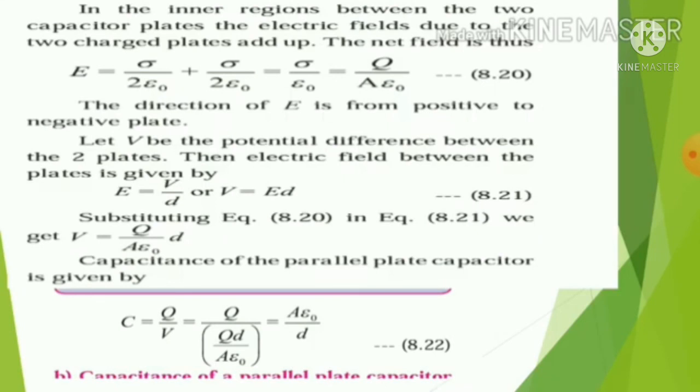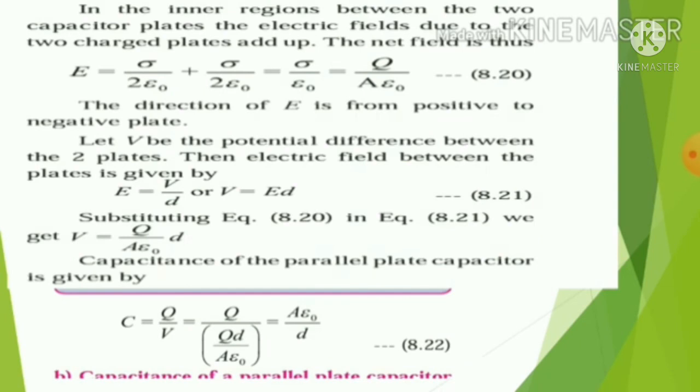This relation was obtained in the previous lecture. This is the concept of capacity or capacitance of the condenser. We can write C equal to Q upon V, then substitute the value of V from the above equation.